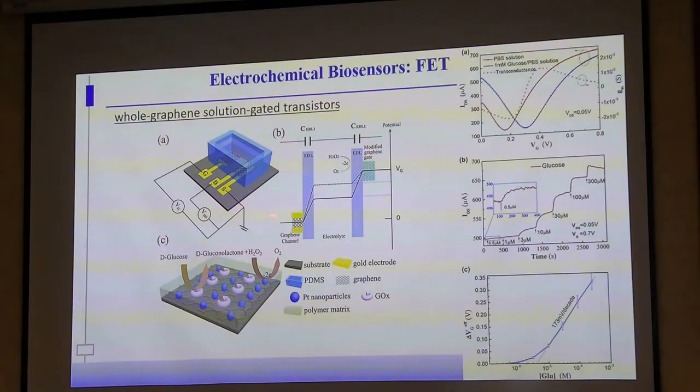And here this FET can be used, we can measure the IDS, the current between source and drain at one particular gate voltage with varying concentration of glucose. And simply in this condition, you can see VG is 0.7 volt and VDS is 0.05 volt. So in this particular condition, when you add glucose, even at 0.5 volt, you can see a signal here.